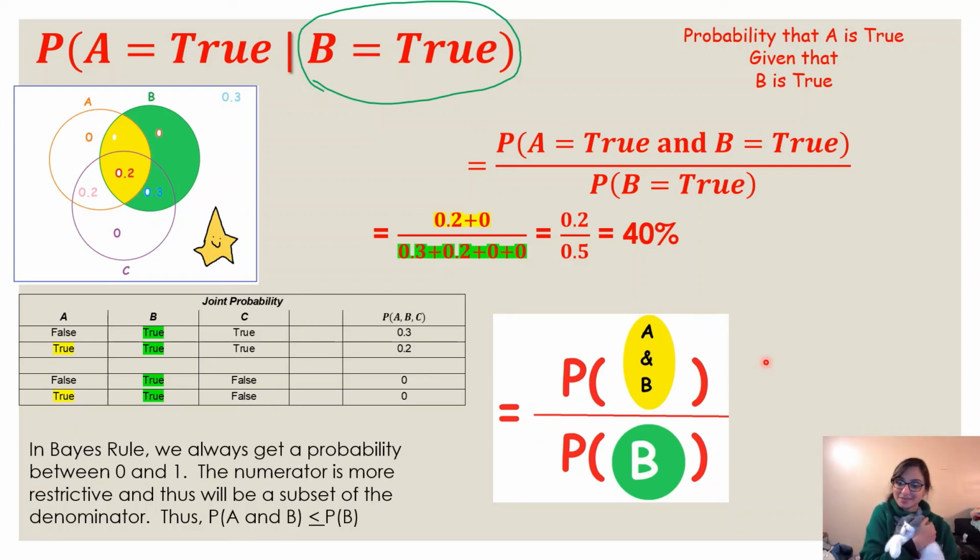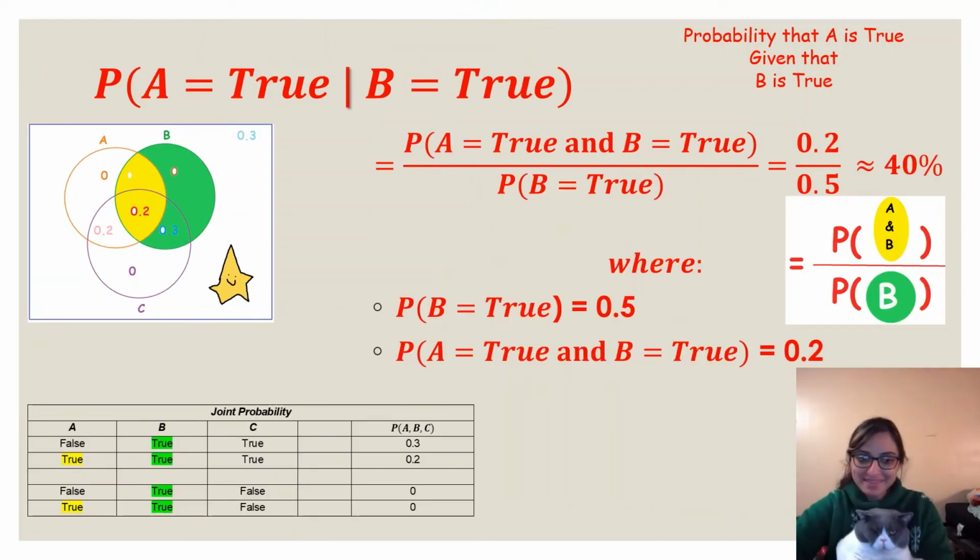The numerator is just saying, hey, I know that this outcome B has happened. So given that this has happened, can this other outcome also happen when B happens? So it's like being more restrictive that way. So to sum it up, basically what we did is we just look at the probability that B is true in this table.